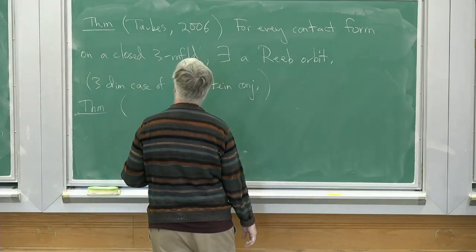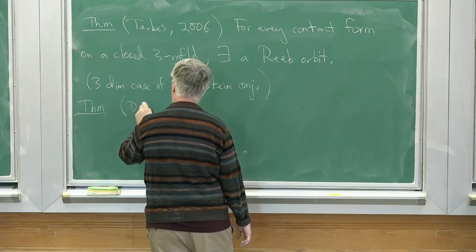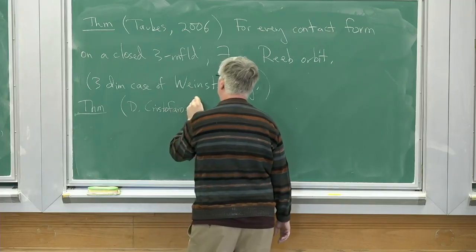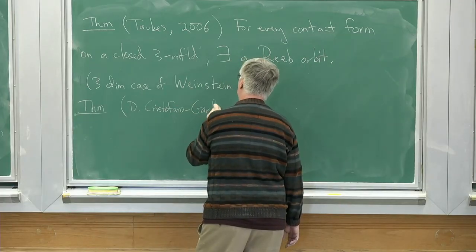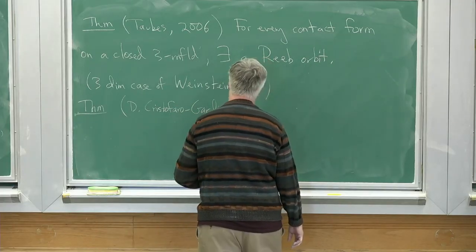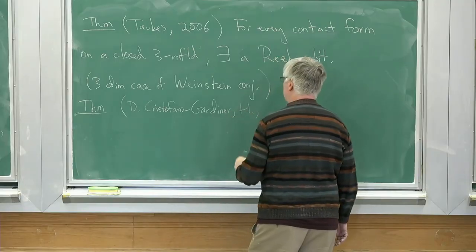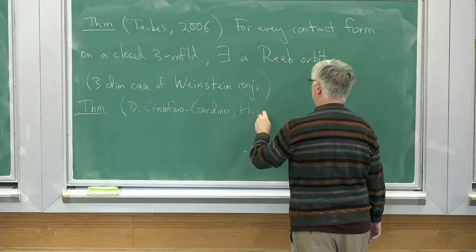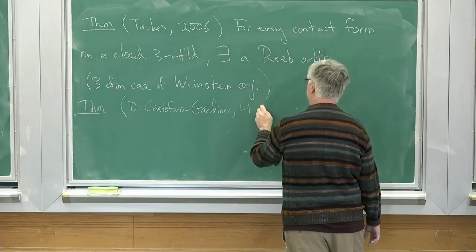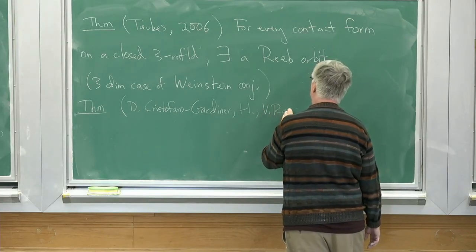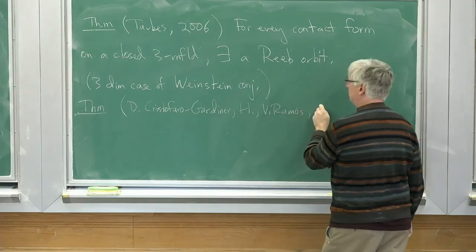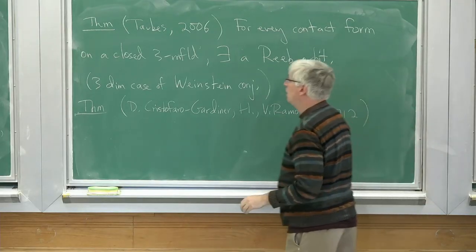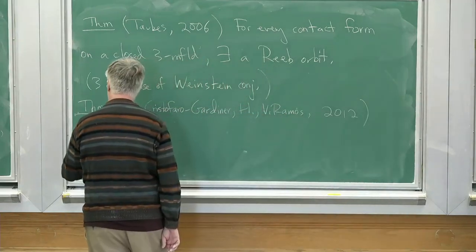With my student, Dan Christopher Gardner, and myself, and this makes crucial use of another result which we proved with Vinicius Ramos, around 2012 or 2013, I forgot exactly: there are always at least two simple Reeb orbits.